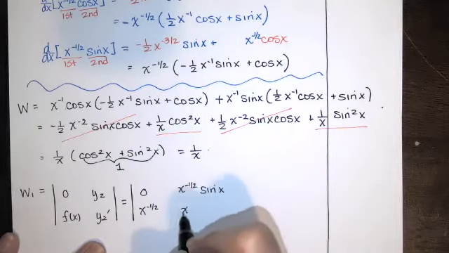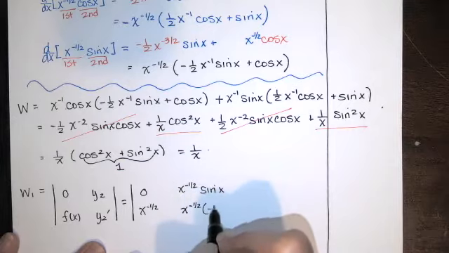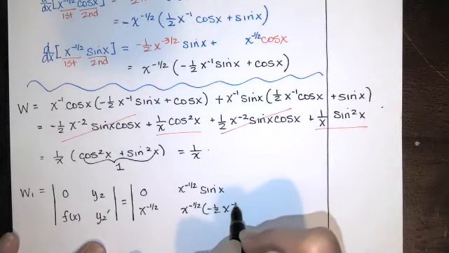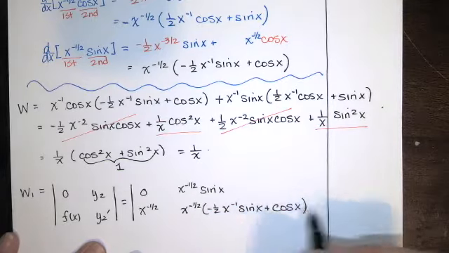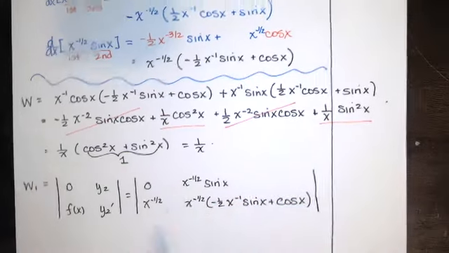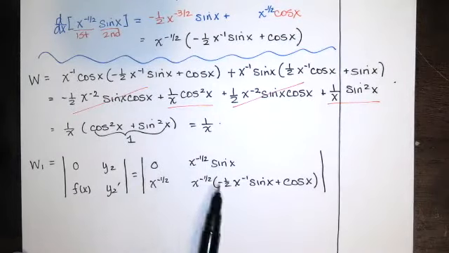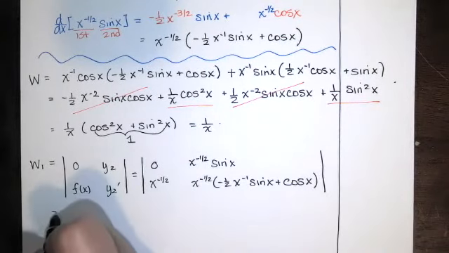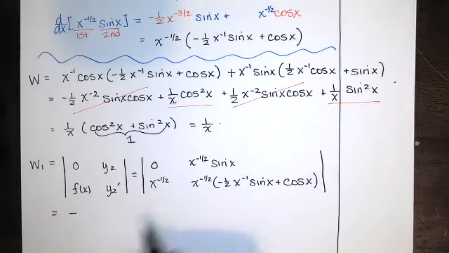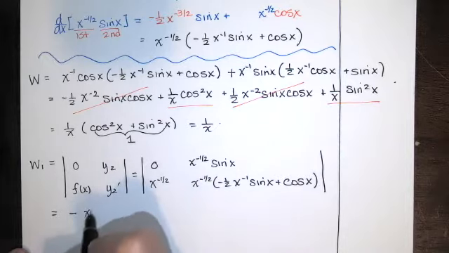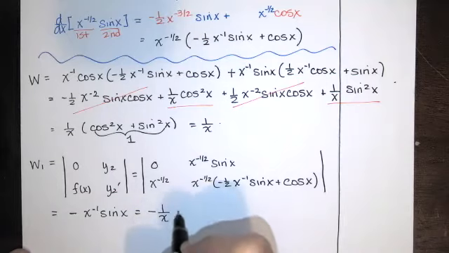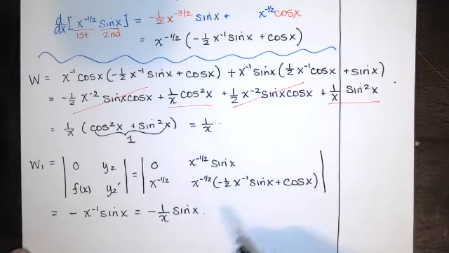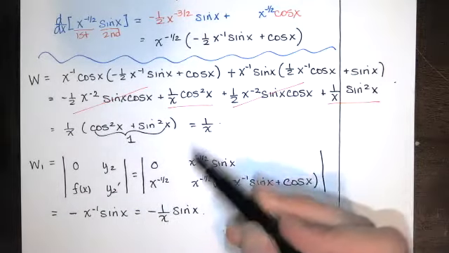And then all of this stuff we're going to multiply by 0, so I'll write it in just for completeness, but I know it's going to cancel. That's going to be nice. So we'll have 0 minus this times this. So it'll be negative. This times this is going to give me an x to the negative 1 times sine of x. Or if you prefer, you can call that a negative 1 over x times sine of x. And that's going to be nice because it's going to cancel with that. And then we're just going to have a sine.